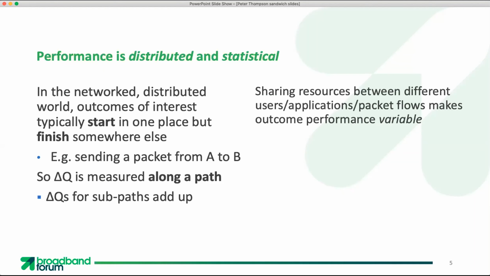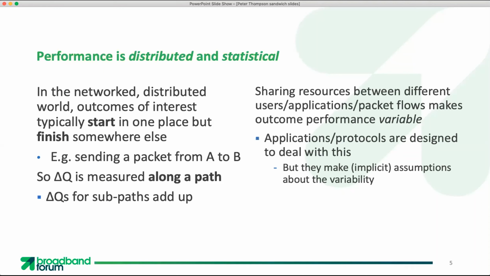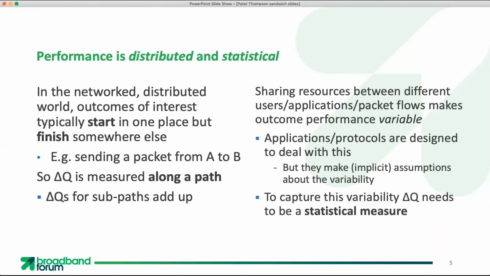The other thing is that in our distributed networks, we're sharing resources between different users, applications, and various packet flows. And sharing resources makes the outcome performance variable. But applications and protocols are, of course, designed to deal with this. But they do make some implicit assumptions about this variability. And so it's important to measure that. And so that means we need to have a statistical measure.